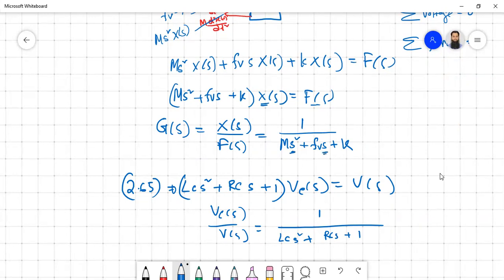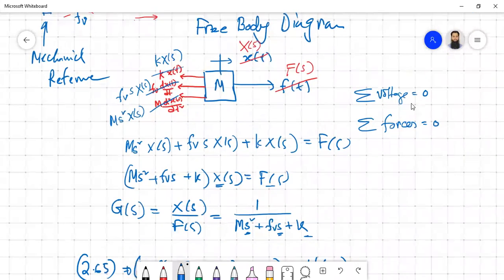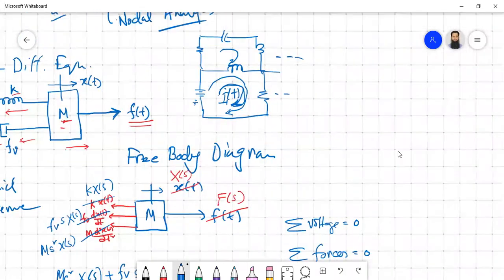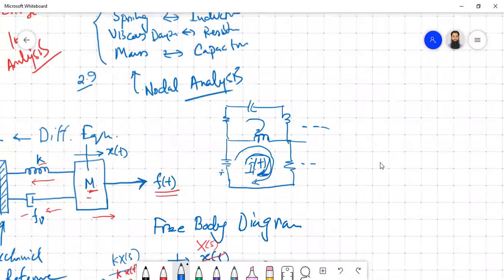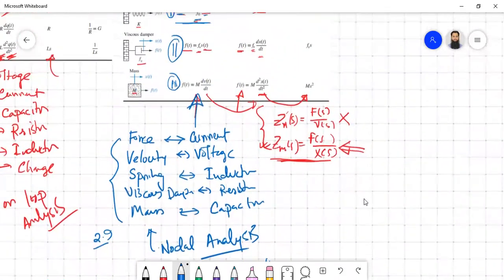So as you can see, they are actually almost identical. The s square coefficient is a constant, which here was 1. So after deriving the differential equation and the transfer function, they look almost identical. It's very difficult to distinguish them. That is why we'll take advantage of our electrical knowledge to figure out the transfer function of the mechanical system.